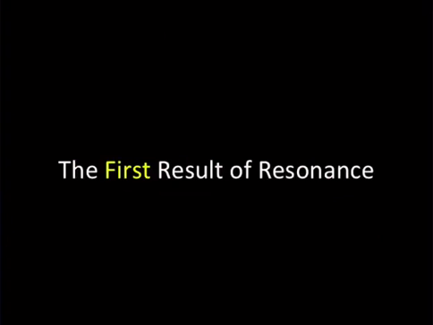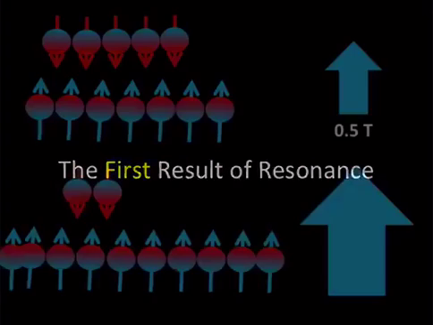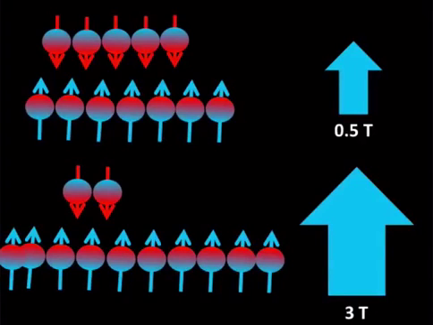So let's talk about the first result of resonance. When you apply an RF pulse that causes resonance to occur, this is called excitation. So the absorption of energy causes an increase in the number of spin-down hydrogen nuclei populations, as some of the spin-ups gain energy via resonance and become high energy.